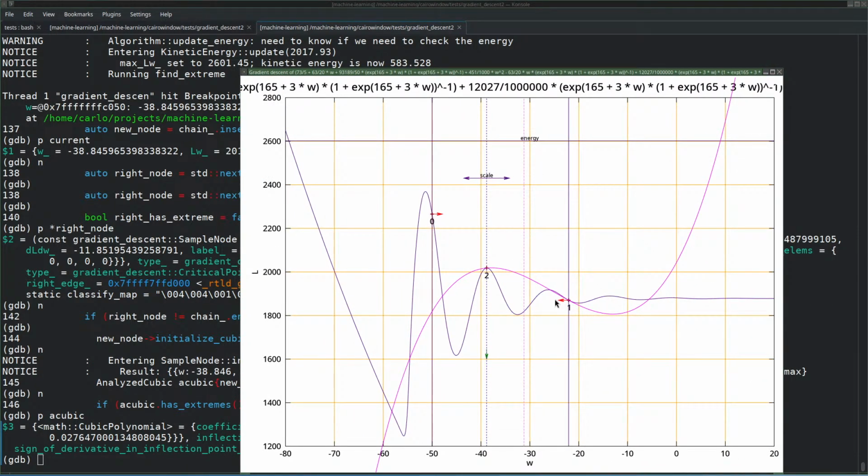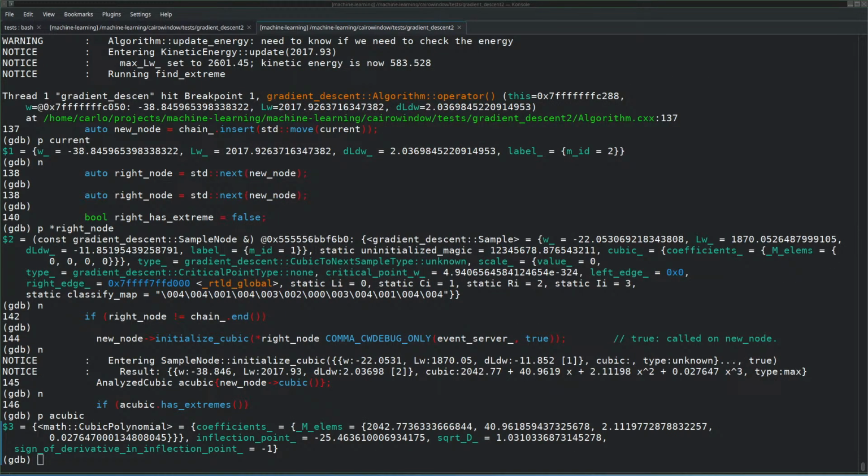This distance from the inflection point to the minimum or maximum is clearly somewhere around 15, not 1. I'll just stop here, fix that first.